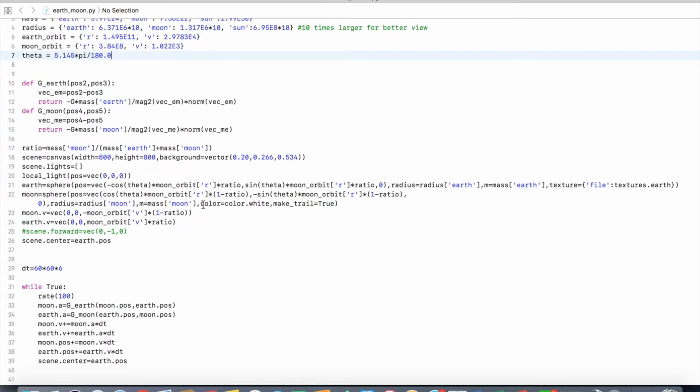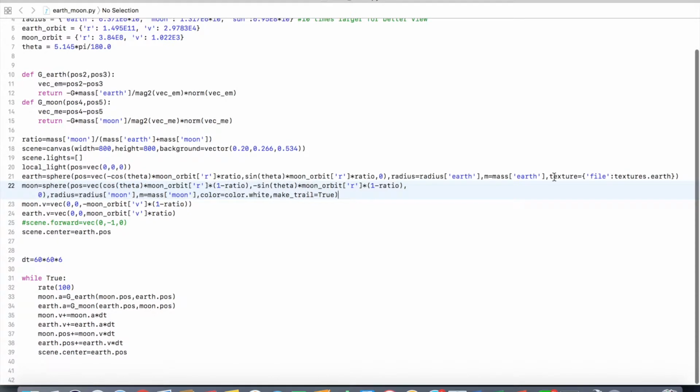In order to make the orbital plane tilted toward the positive x direction with the angle of theta, I will set the initial position of the Earth at negative cosine theta times its distance away from the origin, and the y will be sine theta times this one. This is for the Earth. As for the Moon, it will be cosine theta times the distance away from the origin, and negative sine theta times the distance away from the origin.